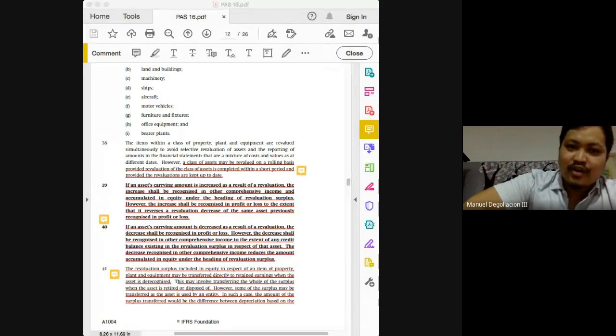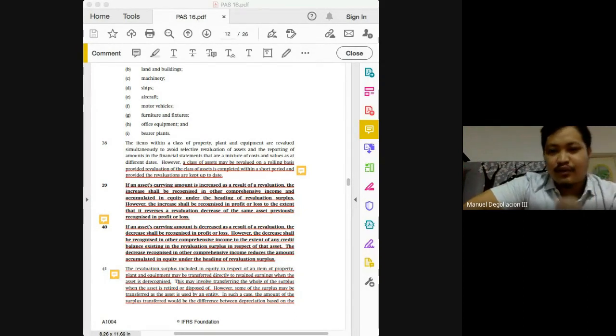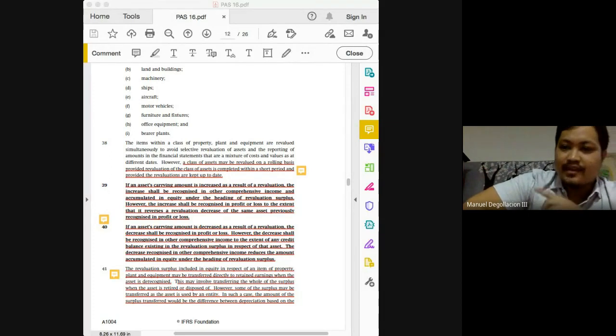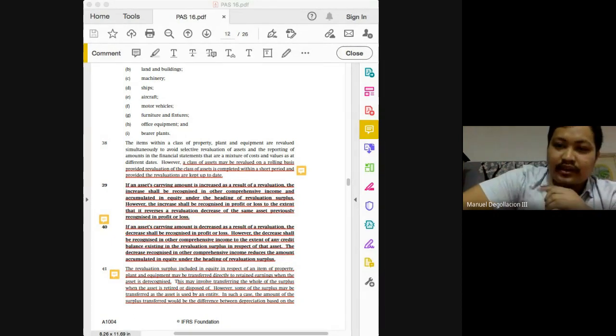The question now is, since there is a revaluation decrease in the amount of 200,000, how should you report this decrease? Should this be reported as an impairment loss? The answer is no. The revaluation decrease of 200,000 should be charged first to the previously recognized revaluation surplus.